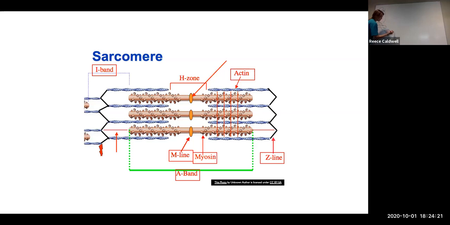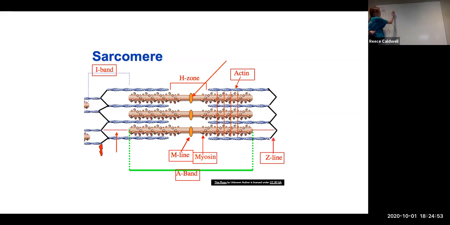So here is our muscle fiber. And inside the muscle fiber, we have myofibrils. We also have nuclei and mitochondria and all that, but we're looking at the myofibrils right now. Inside the myofibrils, we have, so actually I'm going to show y'all what one myofibril looks like.